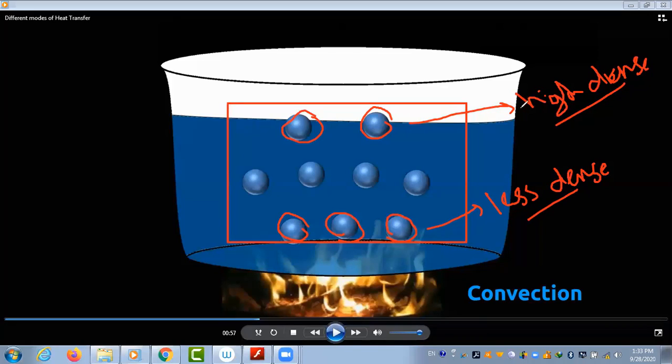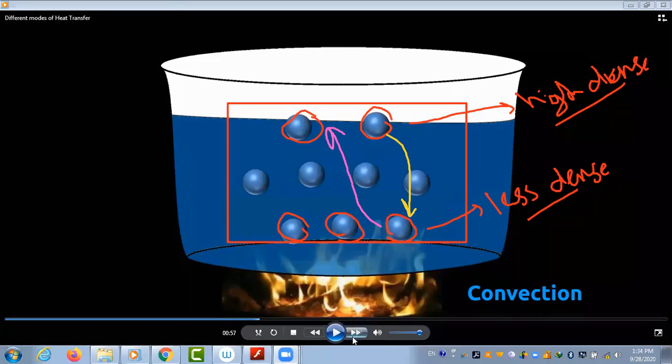When you talked before in the lesson of density, if we have two materials, high and low density, the material of high density will come down, and the material of low density will rise up. So if we watch the video, you can see the particles get hotter and rise up, and the cold particles from up will come down.